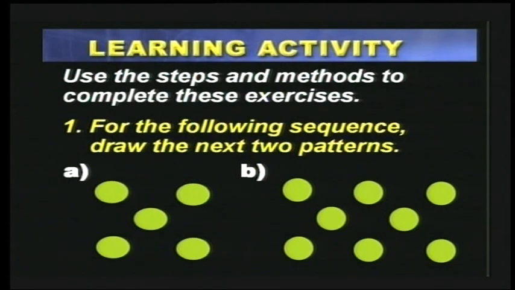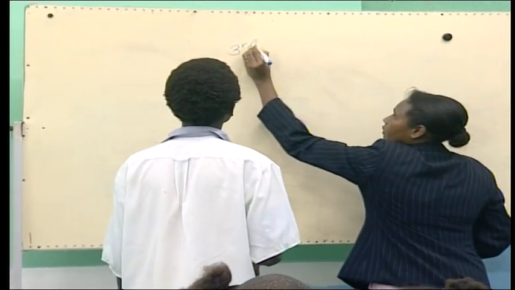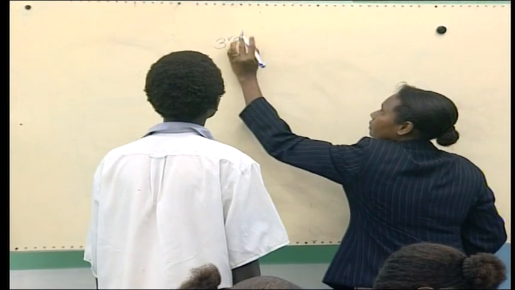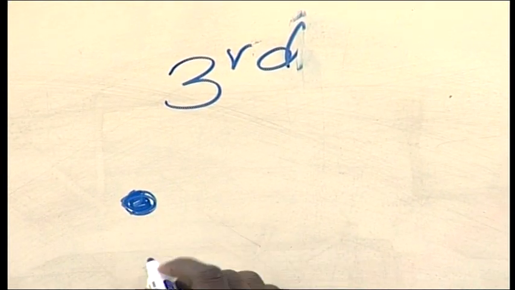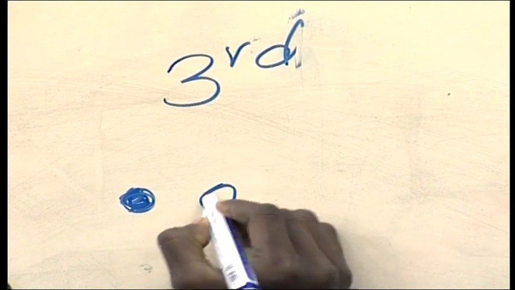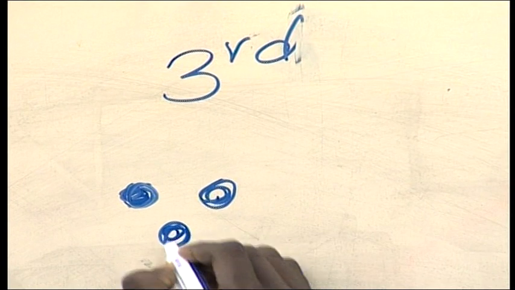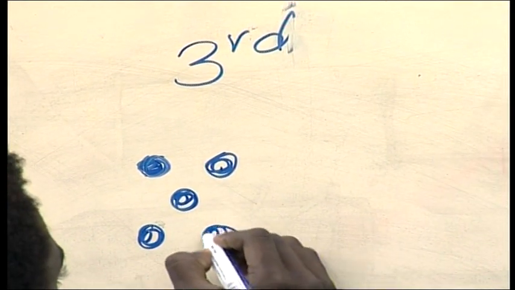You can draw the first or the third term. Okay, Shannon is going to draw the third term. Diagrams representing the third term. You others check your answers. Okay, he started off with the first term, which is 5 dots.